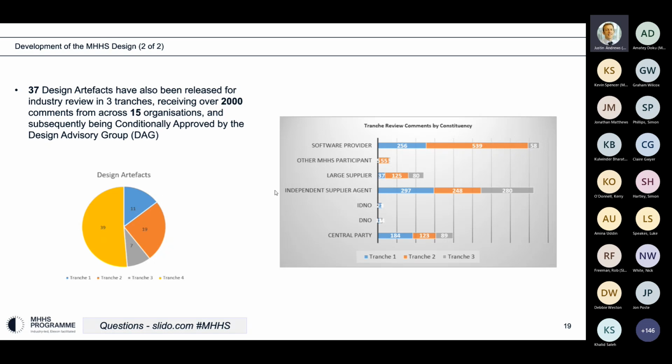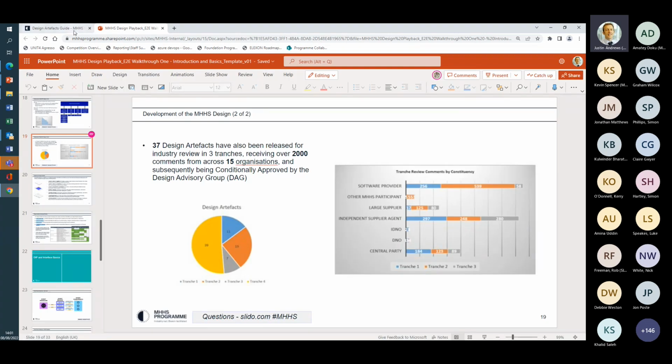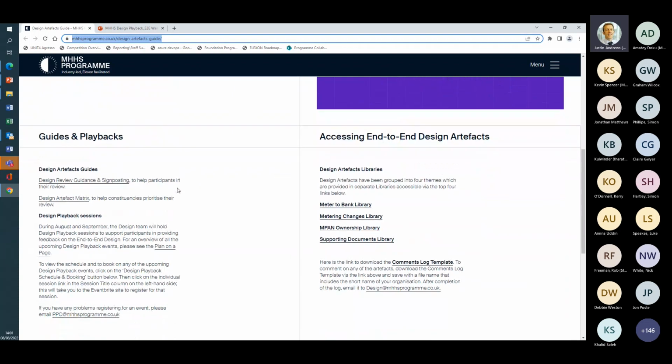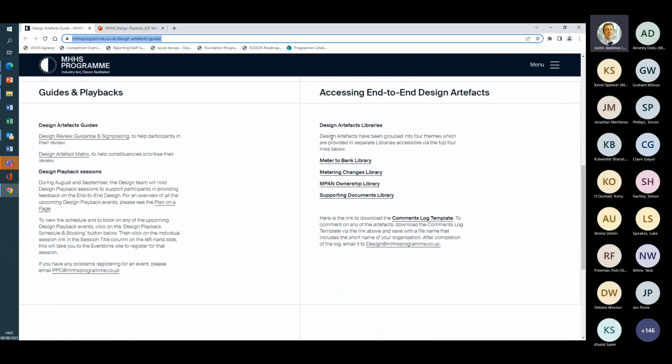I just want to take this point to show you, hopefully if this has come up, a link to the MHHS program. I don't know whether Amy can stick that in the chat. There's the link to where all these design artifacts are now. We've published all of them as of today, and you can see that they are grouped by theme, such as meter to bank, metering changes, and so forth.